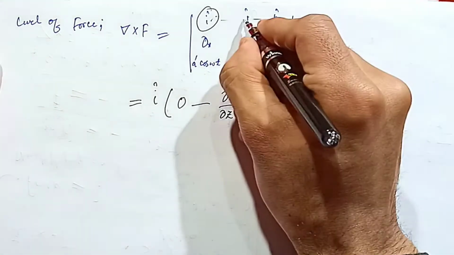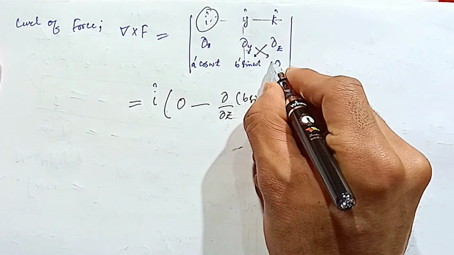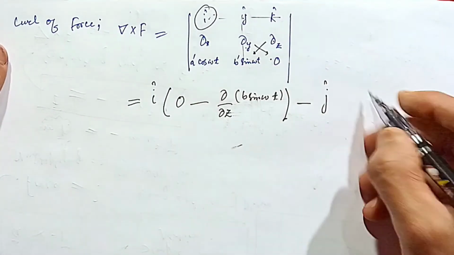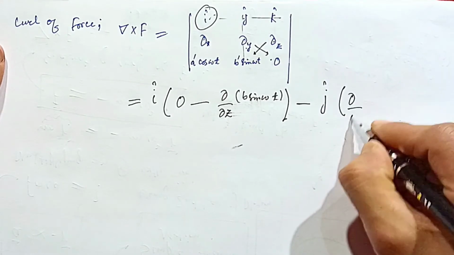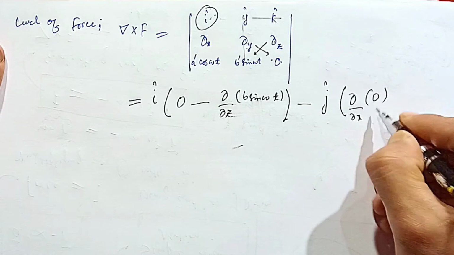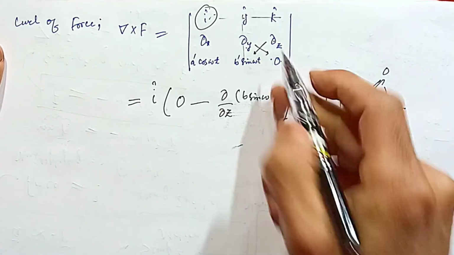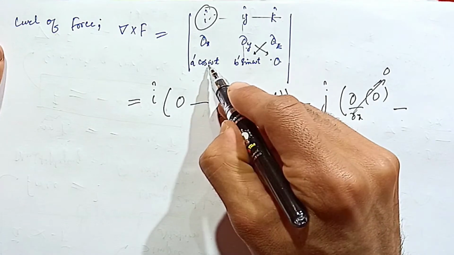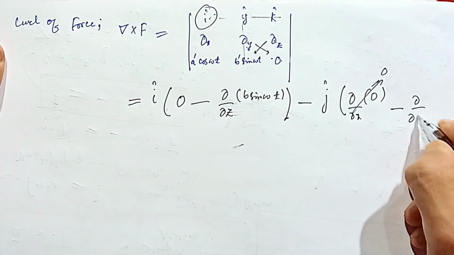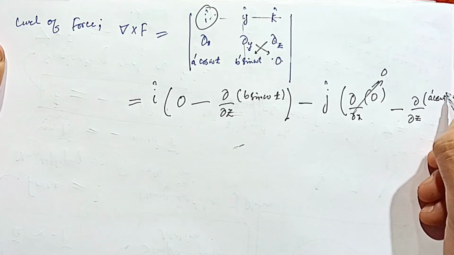Now keeping j, deleting its row and column, cross multiplying, we get partial by partial x of the 0 term, which will vanish, minus partial by partial z of a prime cosine omega t.